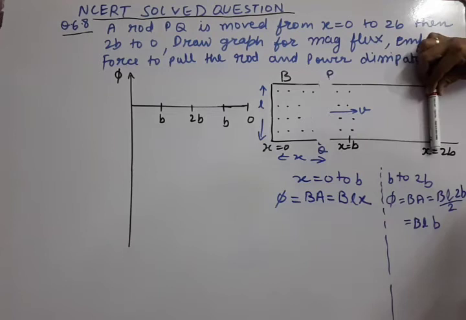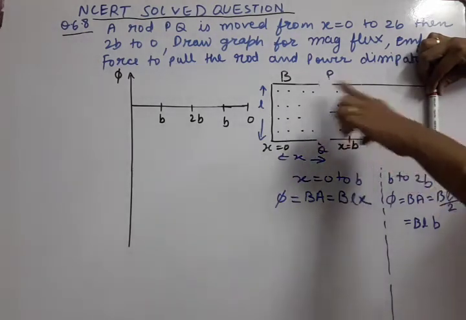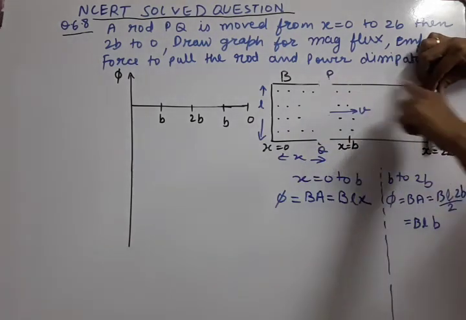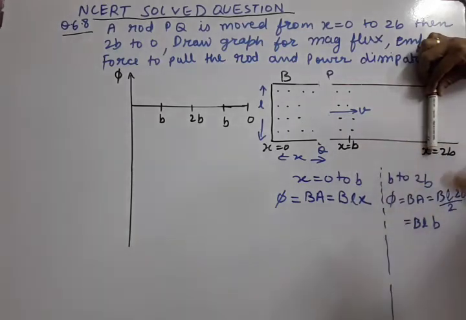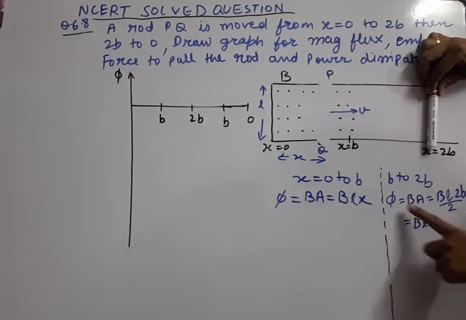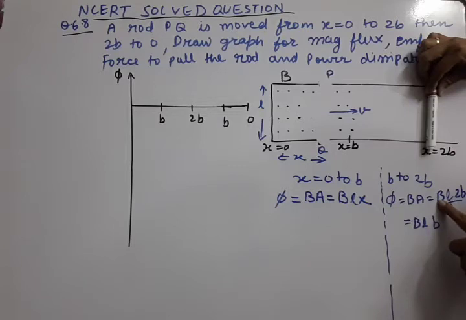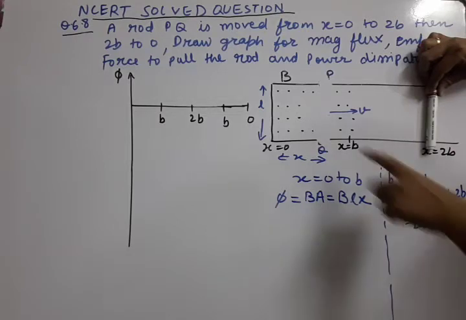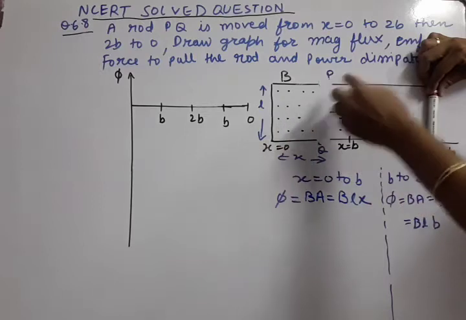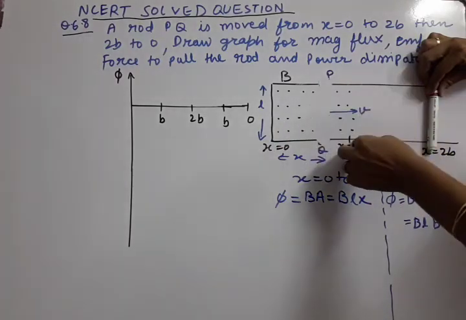So till the rod reaches here, the number of field lines crossing this closed area is constant. That means the flux is constant. Now, how to calculate the flux? That is B into area. So B is the magnetic field, and for area we only have to talk about this part.